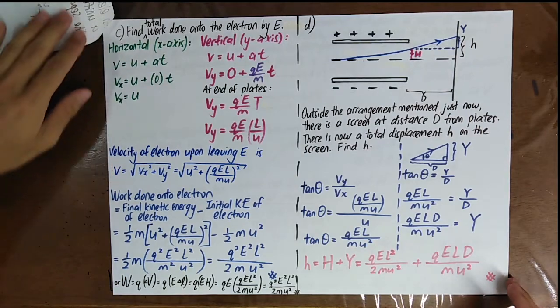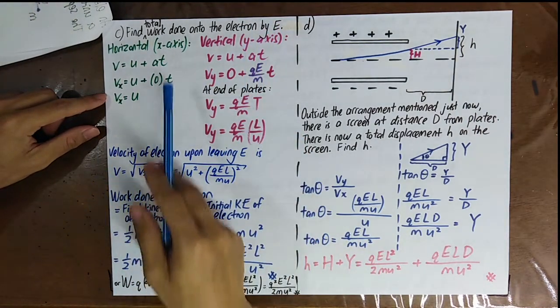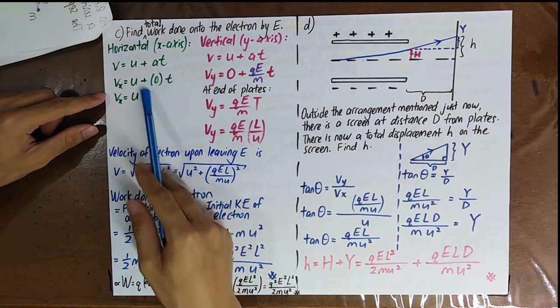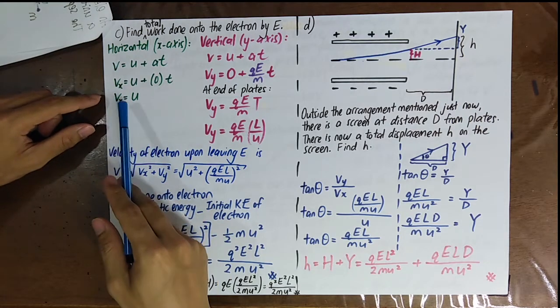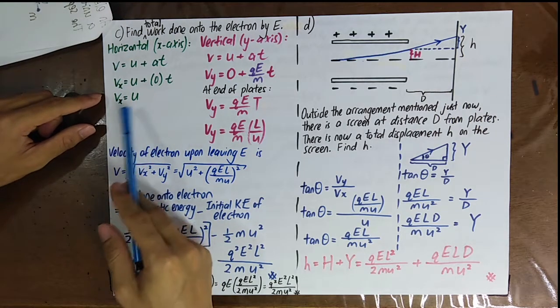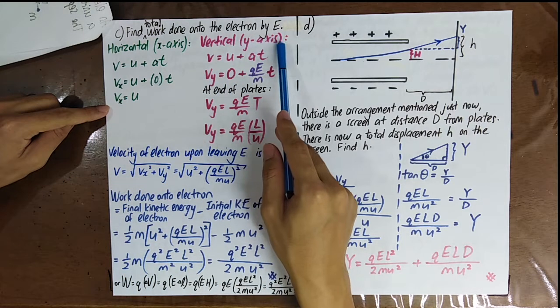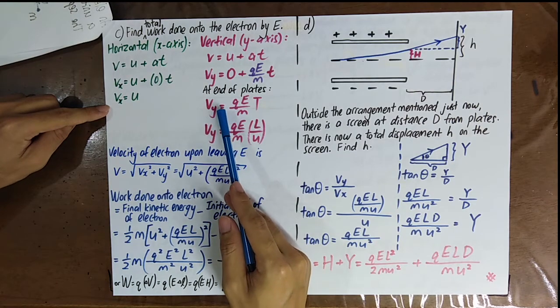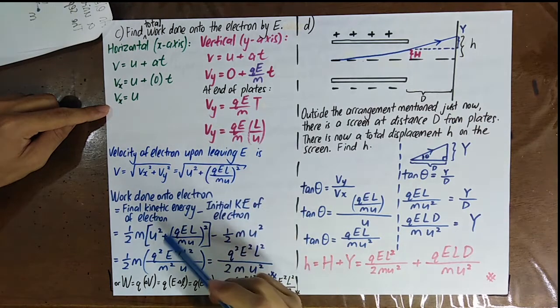Okay, so find the total work done onto the electron by the electric field. In the horizontal motion, v equal to u plus at, and you know that there is no acceleration in the horizontal motion. Then you say that the velocity is a constant all the way in the horizontal motion. In the vertical motion, you know that the velocity increases because there's an acceleration in the vertical direction.